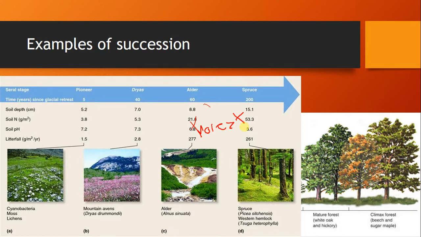It occurs over 200 years here after the glacial retreat. Gradually, as the environment changes because of the species that were there before, new species come and become dominant and change the face of the environment. That's ecological succession. That's it for me today.